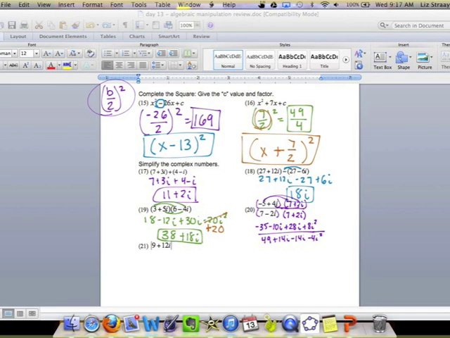Then just like in multiplying, we need to swap out our i squareds for a -1. So on the top this becomes a -8. On the bottom we get a +4.